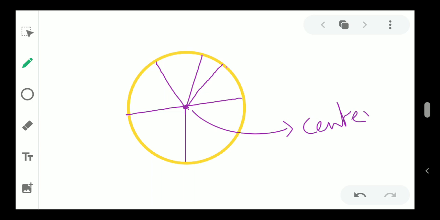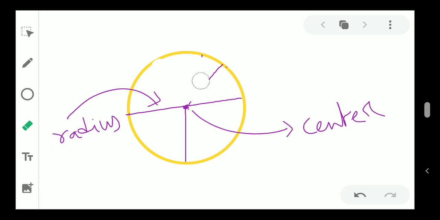Now the distance from the center to any point on the circle is called your radius. So basically the radius will be this much.